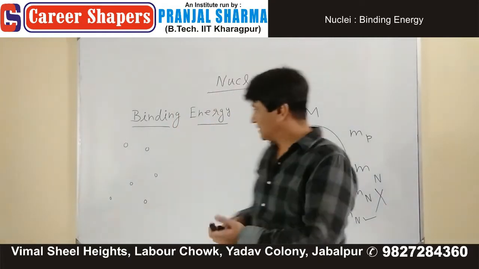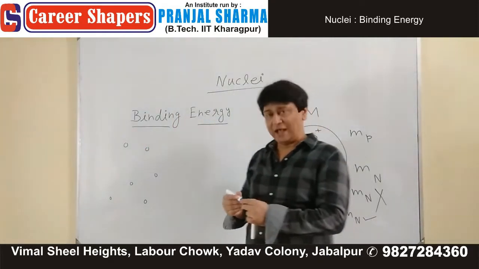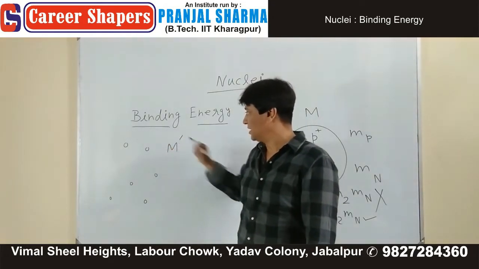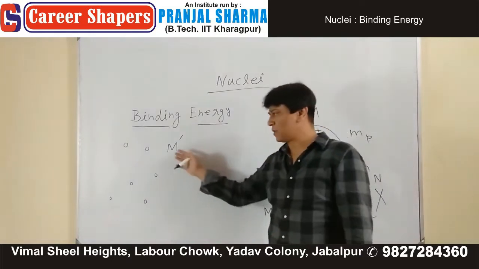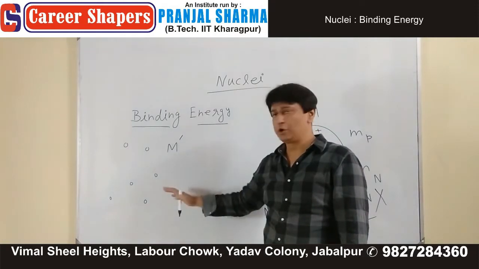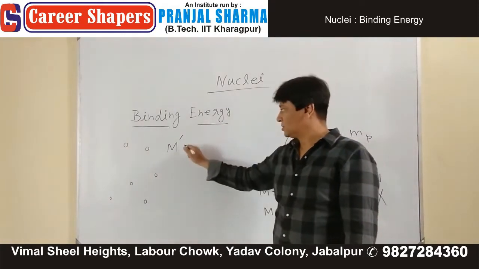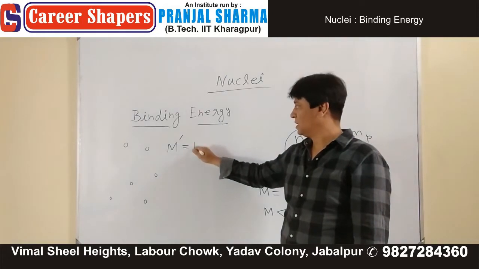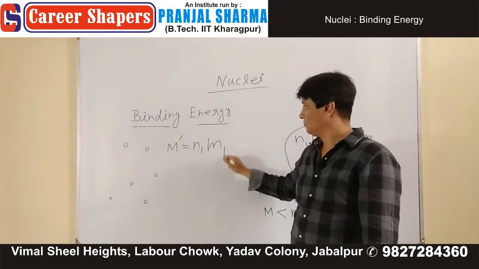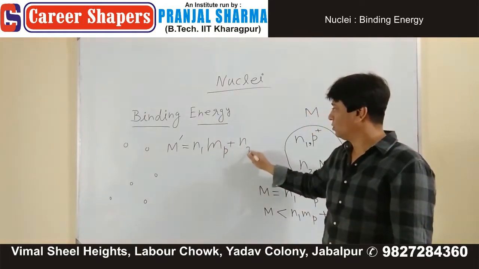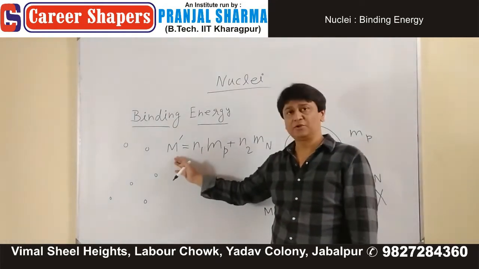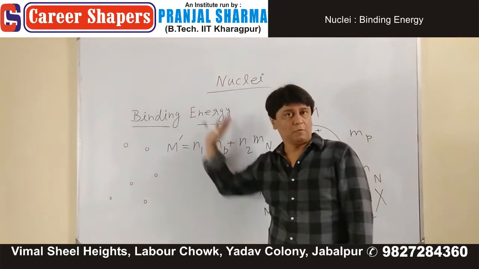So, let's say when they are well separated, total mass is M dash. What is M dash? When all these nucleons are well separated, this M dash is nothing but N1 multiplied by Mp plus N2 multiplied by Mn.